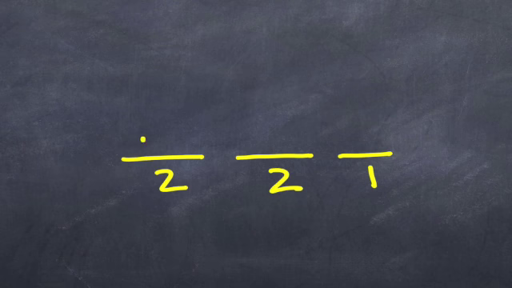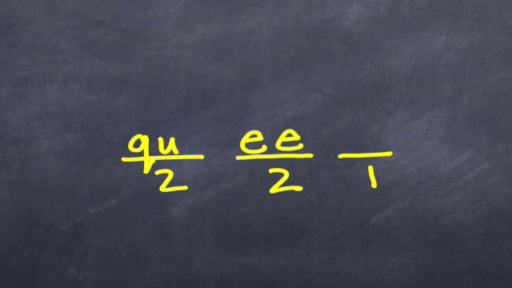Oh, so Q always comes with a U. Never, never, never are they separated. They always, always, always are together. Q goes with U. And then we have our two vowels go walking. E, right? So E is saying its name, but we're doubling it. And then N at the very end. Queen.